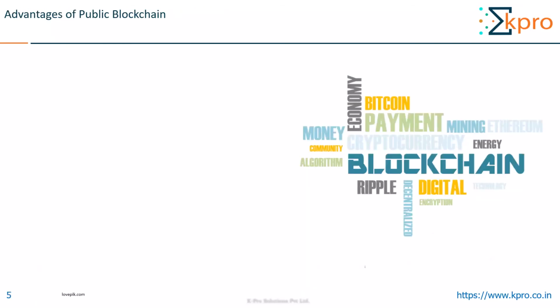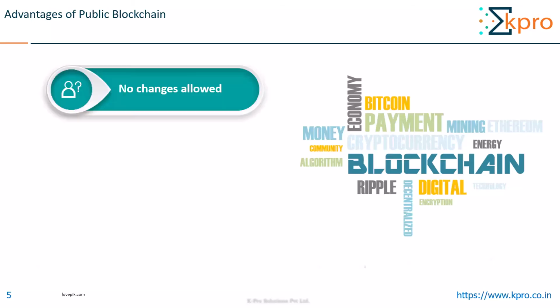Next, let us see what are some of the advantages of using the public blockchain. Even the people who have made a transaction or developed an application on this public blockchain have no power to change it. So, immutability is one of the advantages of public blockchain.